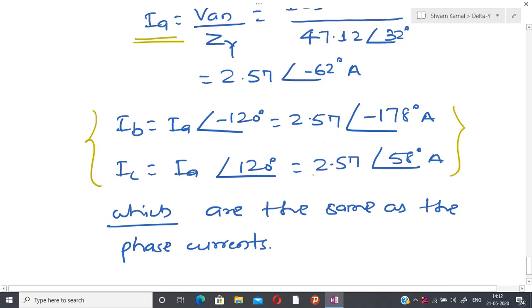I am not going to discuss the numerical value. In this way one can solve the numerical related to a balanced delta Y connected load.